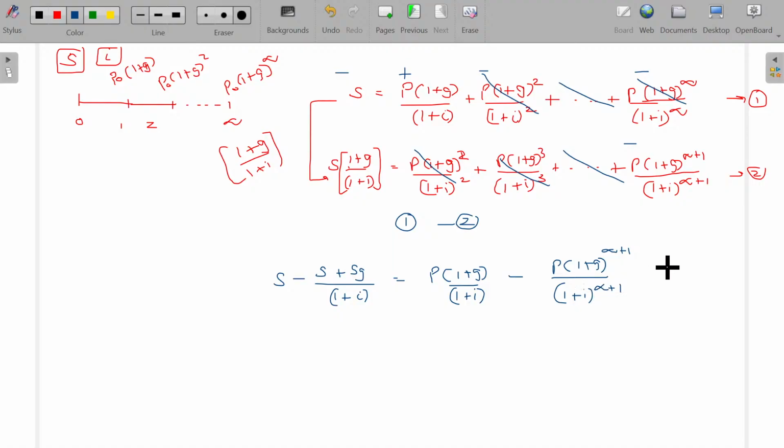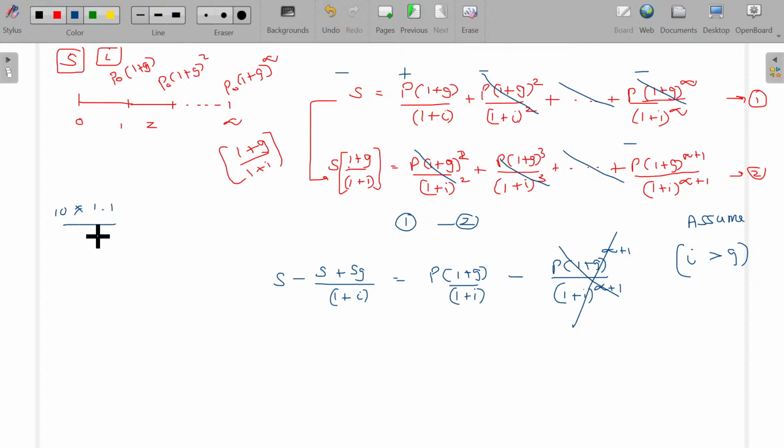Now, this disappears provided that i is greater than g. Usually we assume the growth rate is smaller. This is an assumption. Cost is higher. So in the numerator the growth rate is 1.1, a 10% growth rate.